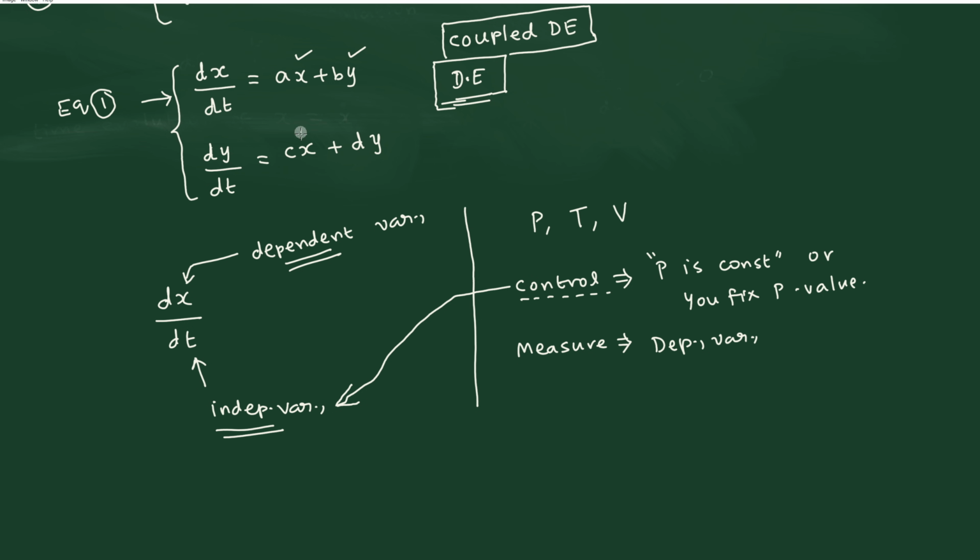Now if this information is clear, you come back to equation number 1, and if you look at this, what are you controlling and what are you measuring? We can see that t is fixed. This t is actually time, and naturally you don't have to struggle to control it. Naturally the time translates uniformly. It doesn't change in a non-uniform manner.